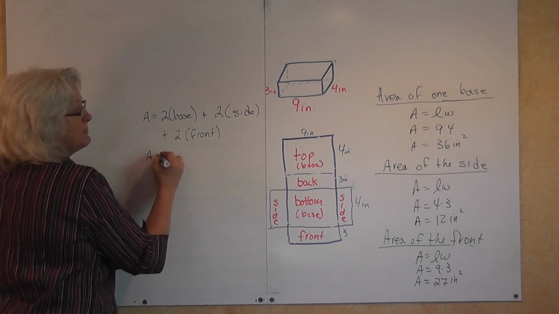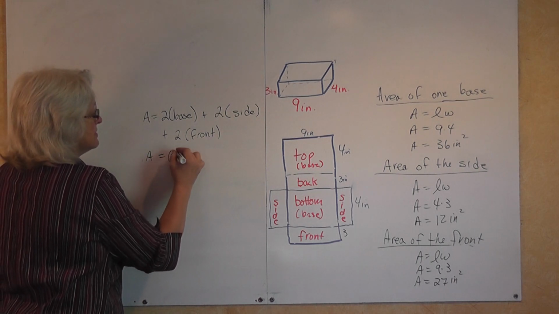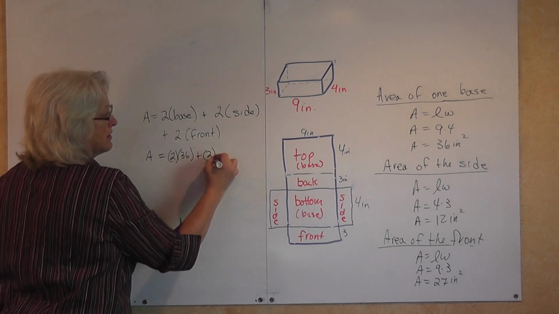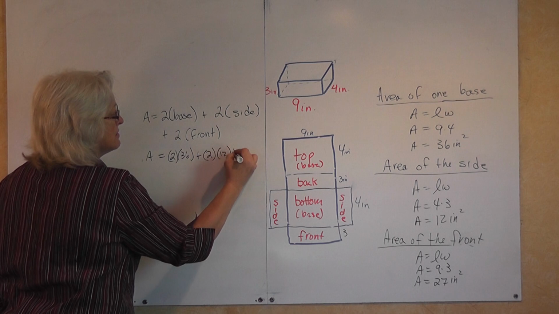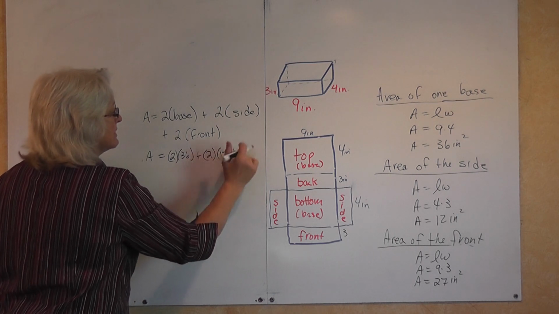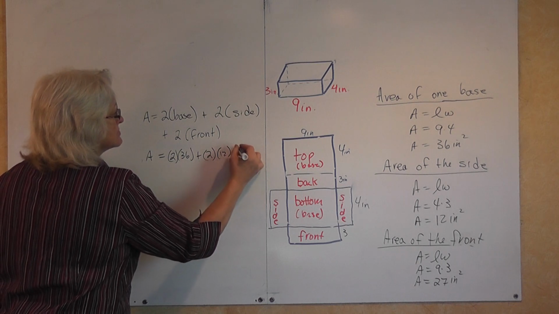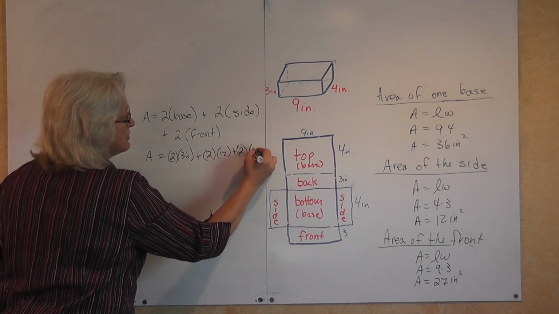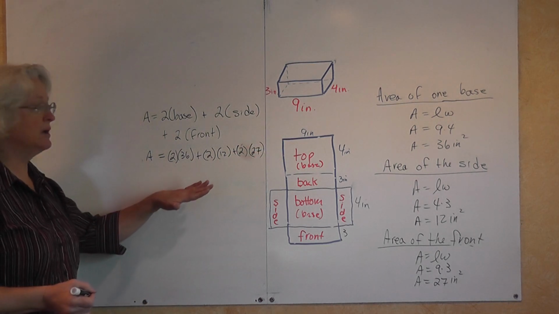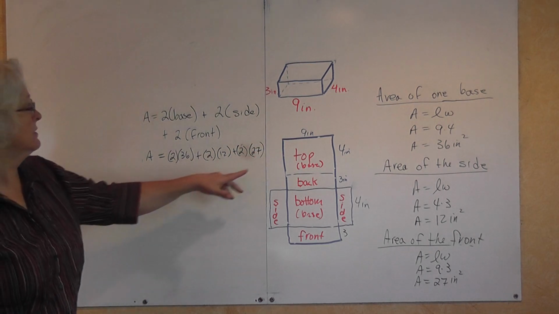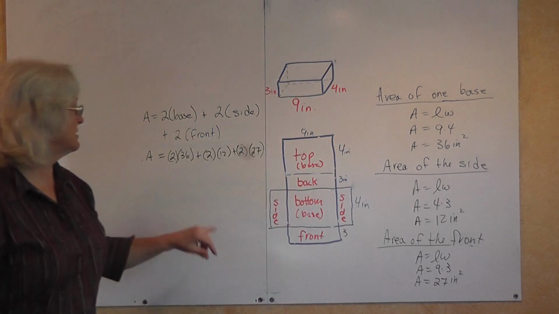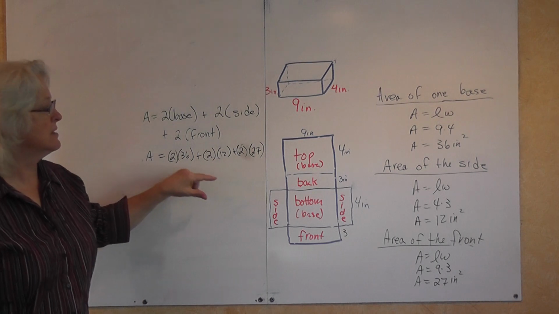The area of one base is 36. So it's 2 times 36 plus the area of the side is 2 times 12 plus twice the area of the front, which is 27. Go ahead and look at this, make sure you agree. Bases, top base and bottom base, 36 inches, twice.